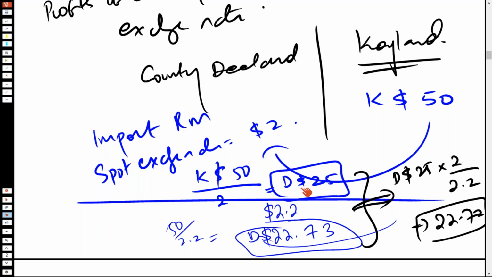So you would go back. Our conversion is by dividing, so if I need to go back, reversal is going to be multiplication: multiplied by 2 divided by 2.2. So you get the right answer. Yeah, everyone okay now?